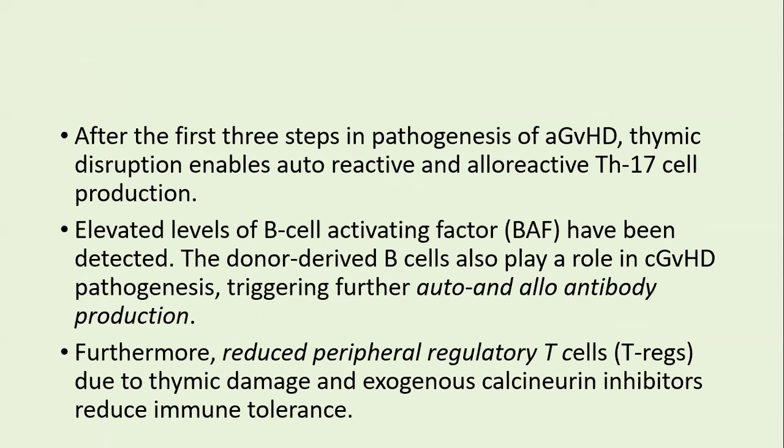And due to this reaction, there is thymic disruption, as a result of which regulatory T cell production is reduced. And these regulatory T cells have a role in immune tolerance and reducing the immune reactions. But since they are fewer due to thymic disruption, the graft versus host disease reaction amplifies.